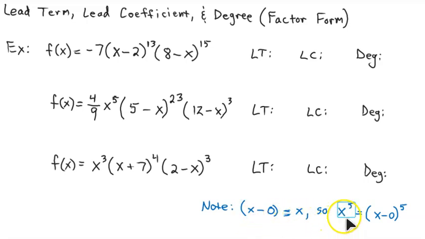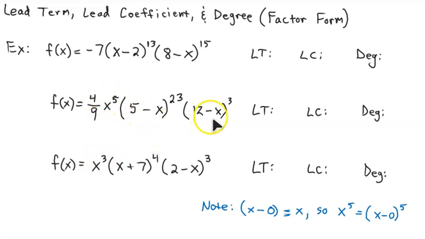So if you see x to the 5th, like you do right here, that just means x minus 0 to the 5th power. So this x to the 5th power is one of these. It is a factor to a power, okay? We're just not going to write it as x minus 0. That doesn't make any sense. So we just write x, okay?